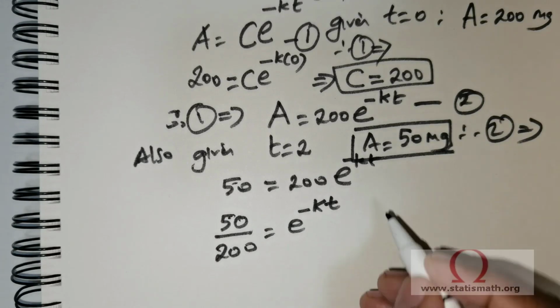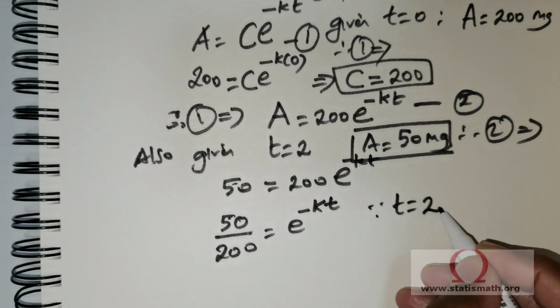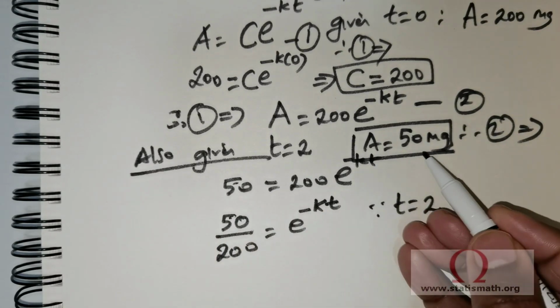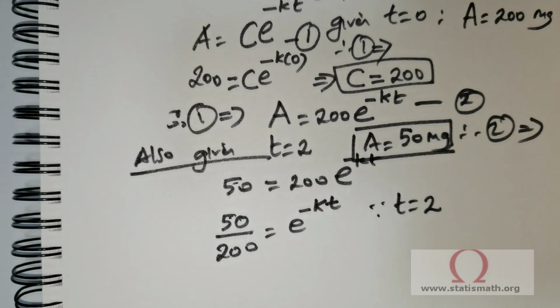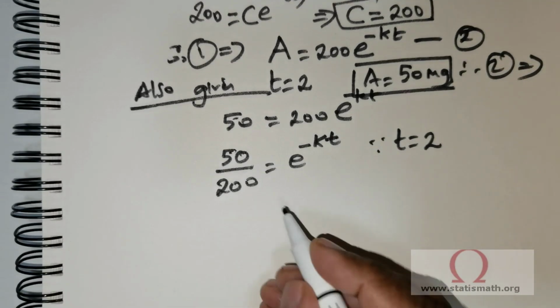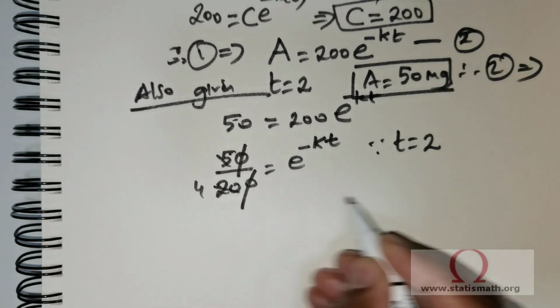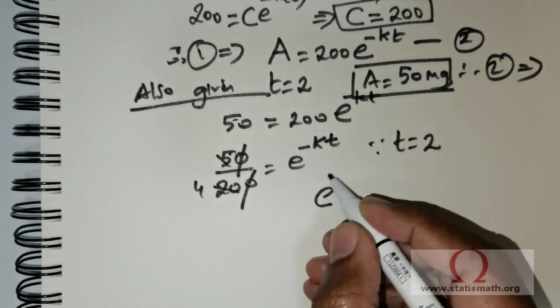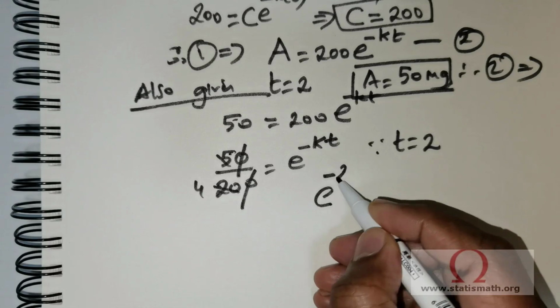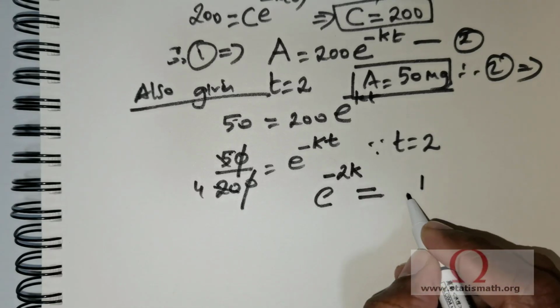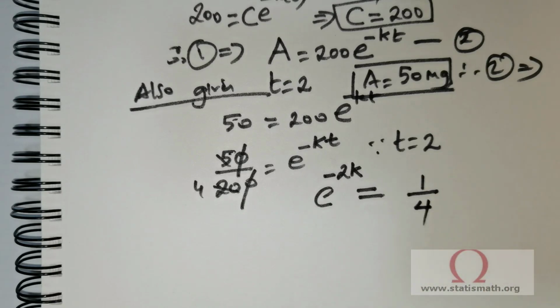And from here, since T is equal to 2, because it's given, right? T is equal to 2, A gets reduced to 50 milligrams. So this is going to be rewritten by reduction, and 5 divides here 4 times. So I can write this as e raised to the power negative 2 times k is equal to 1 over 4. This is what I have got.